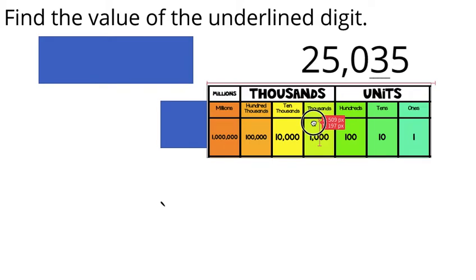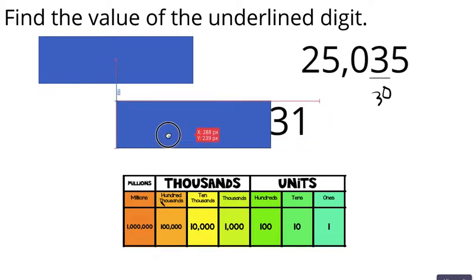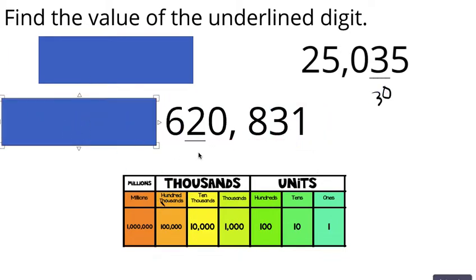All right, so what we wanted to come across here in our number 25,035 is that the value of this 3 digit is worth 30. All right, our next problem that we have, 620,831.